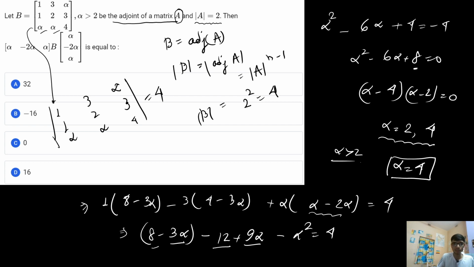Okay, now if I compute this particular matrix multiplication that is given in the question, the matrix is given as alpha minus 2 alpha, and b is given as 1 1 alpha, where alpha is basically 4.